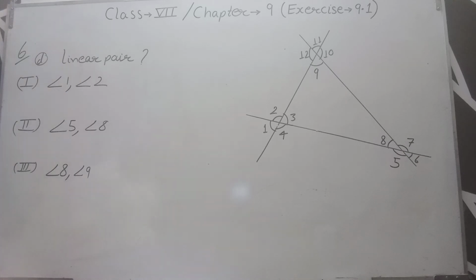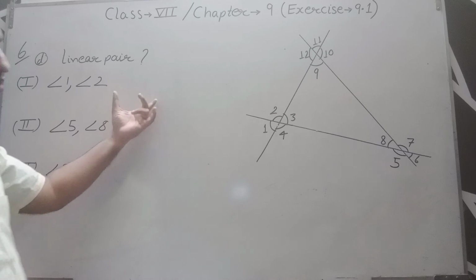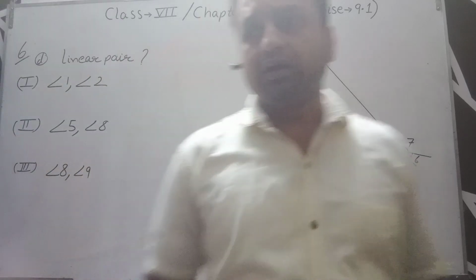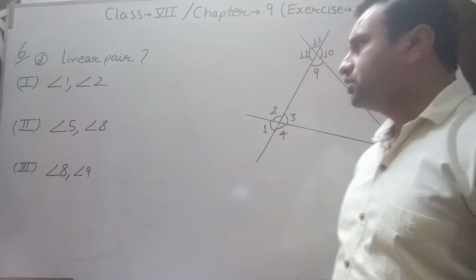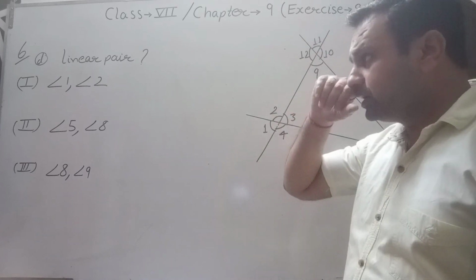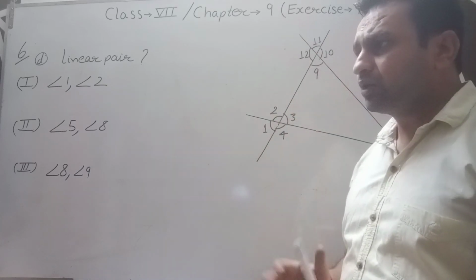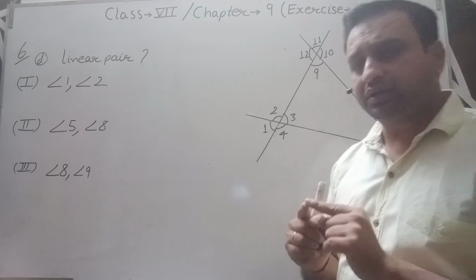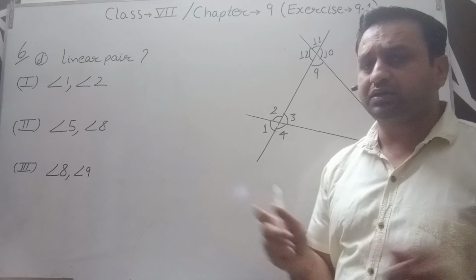Okay students, it's D part. In part D we have to find out whether these pairs of angles are linear pair angles, yes or no. So we again discuss linear pair angles. Linear pair angles: adjacent angles whose sum is 180 degrees, or you can say adjacent angles in which non-common arms are opposite to each other.